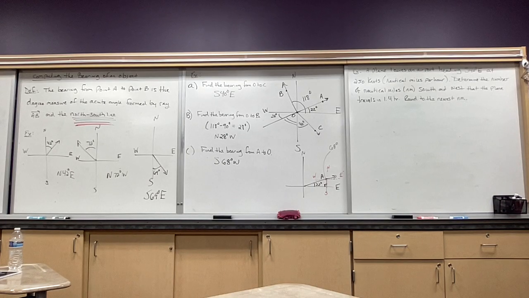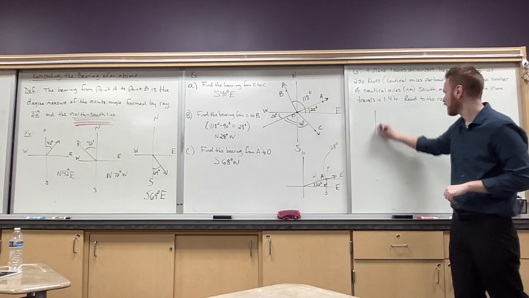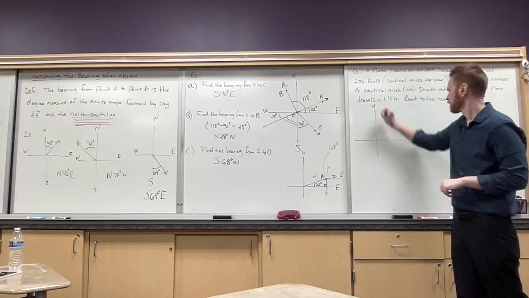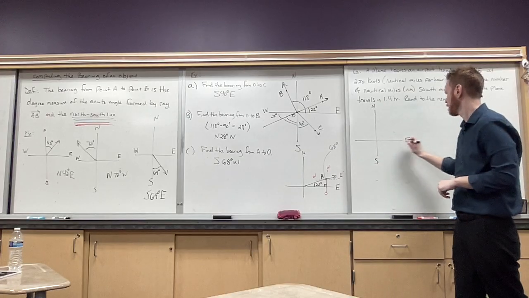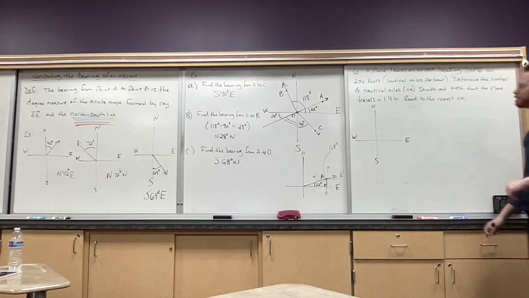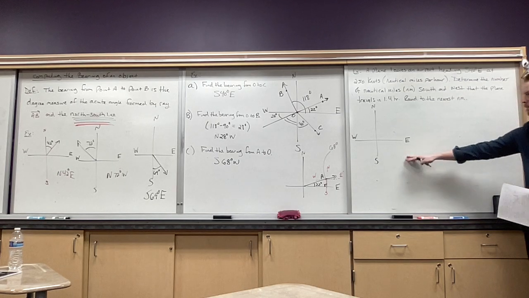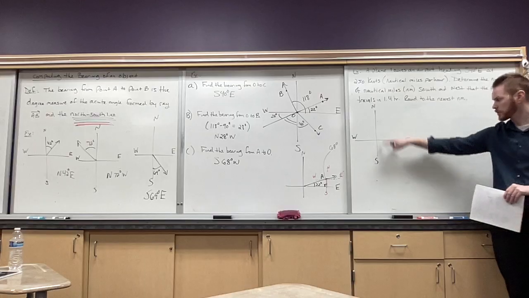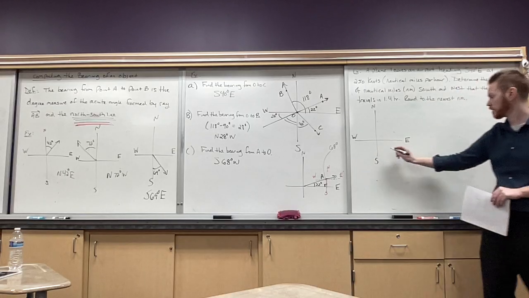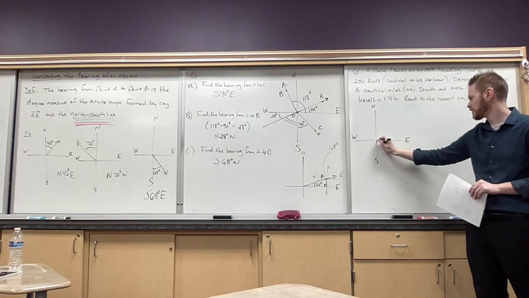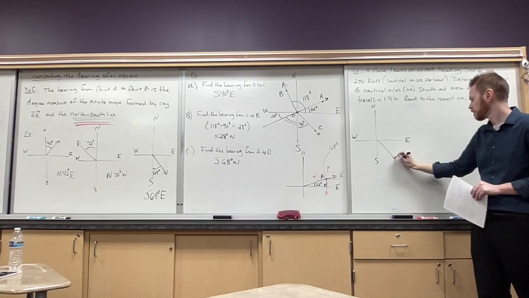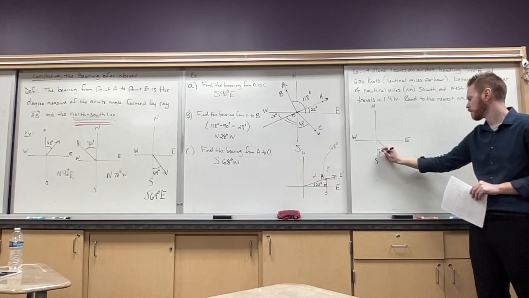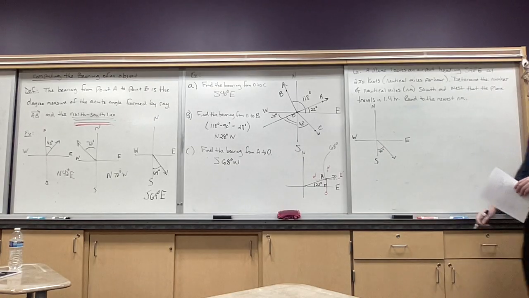So yeah, let's draw a picture. Okay? It's a lot easier to organize your thoughts when you have a picture. Now, south and east. So I'm going to be in this quadrant here. And I have to measure it from the north-south line, and we're going 40 degrees. It's just a rough little picture. Let's say from here to here, that's 40 degrees. Okay?